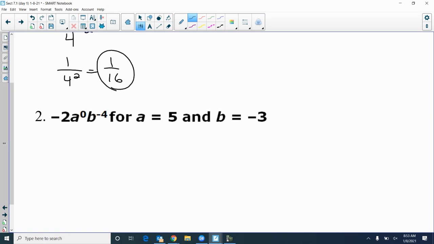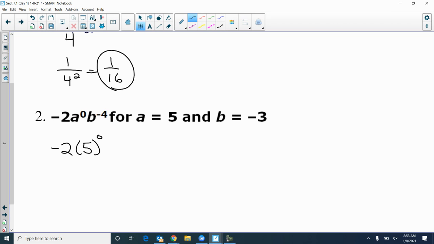All right, now when you substitute in, -2 is the constant. A gets replaced with 5. You're better off putting that in parentheses just to show you're separating. B gets replaced with what? -3.